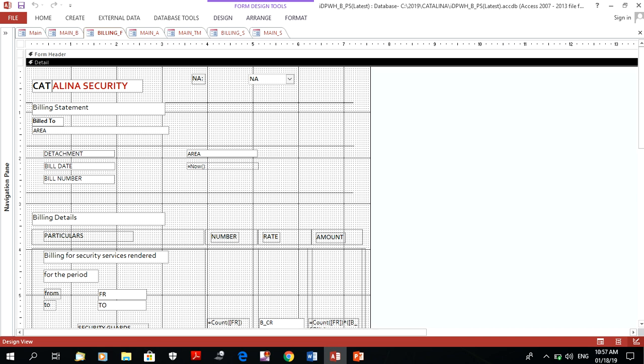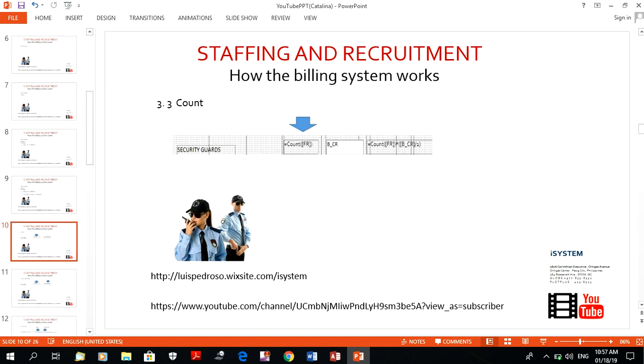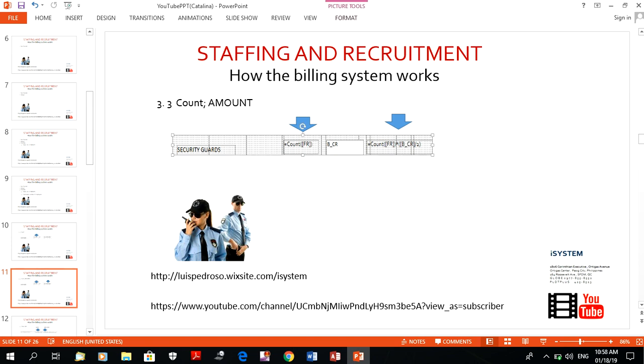That is the command and that is the field that you are using. Next is the formula for the count. Yes, that's count FR, and then that is the formula for the amount: the count, the number of employees, times the rate, so you get this amount.